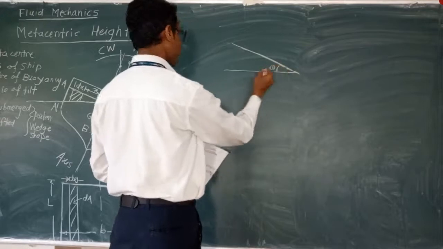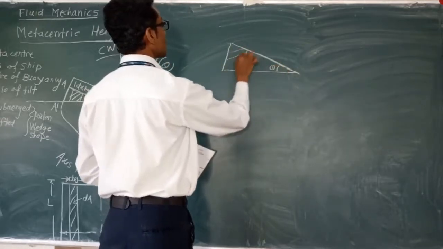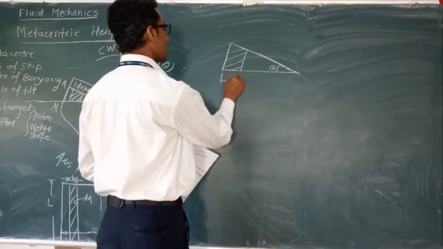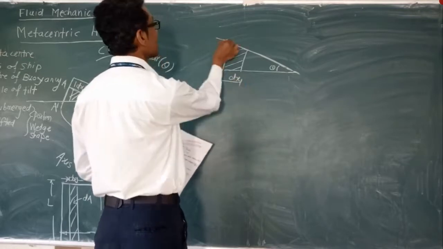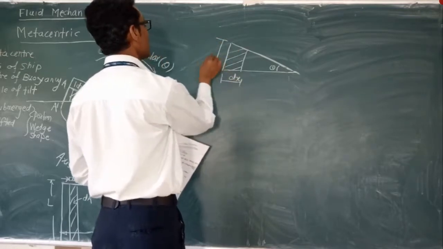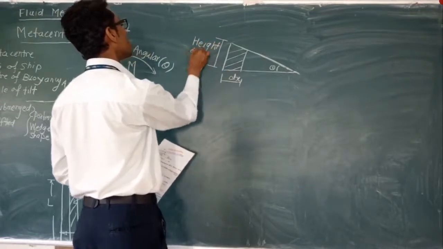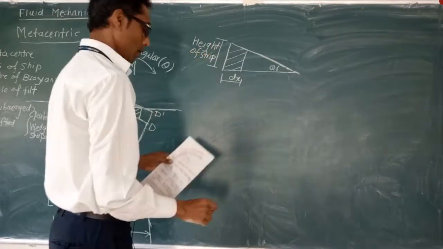This is the theta angle, this is the hatched portion, and its thickness is dx. Now this will be the height of the strip.